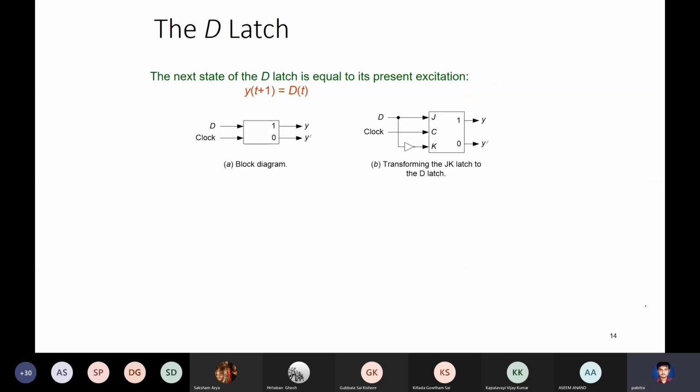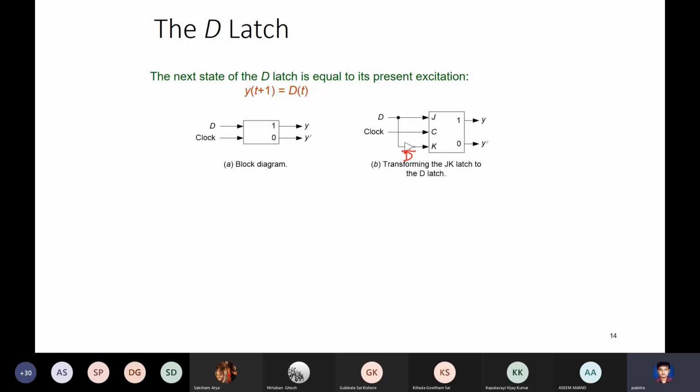All right, so there is one more small change you can make in the SR latch or the JK latch that we have discussed. Instead of having two inputs J and K, I can tie the inputs. That single input I call D. So J is D and K is D bar, and I add a NOT gate here.